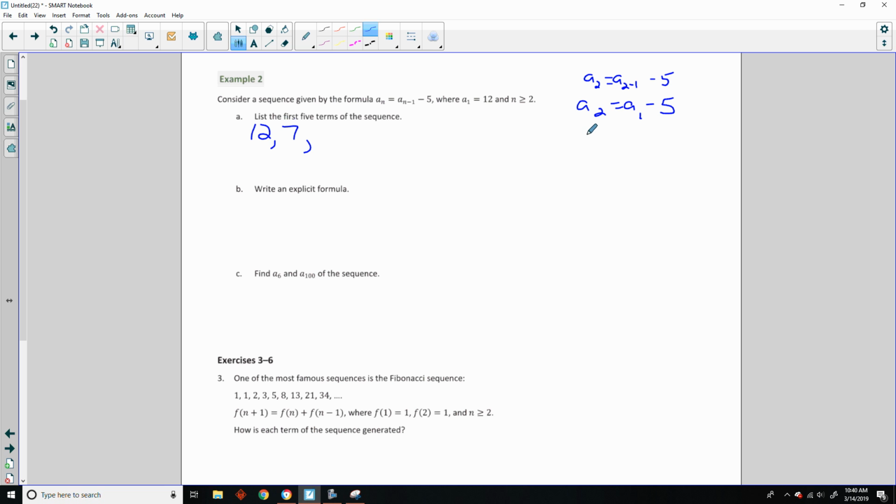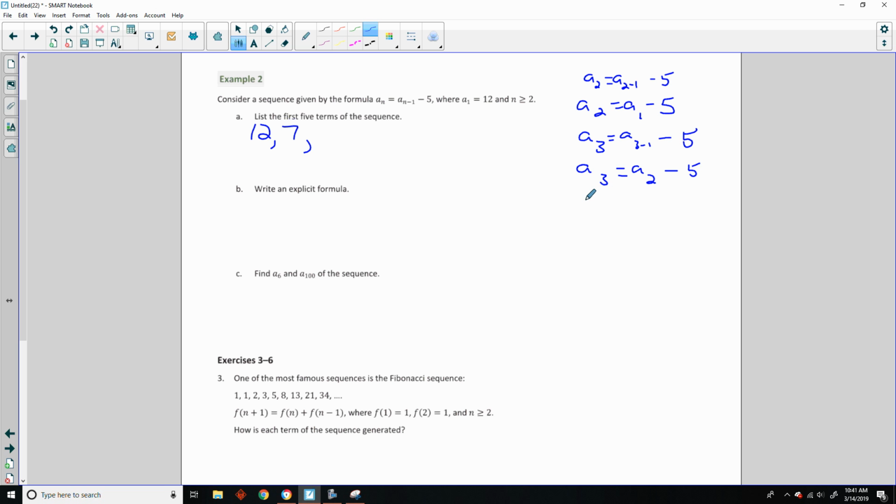If I were looking for a sub 3, that would equal a sub 3 minus 1 minus 5. So in other words, my third term would equal my second term, minus 5.